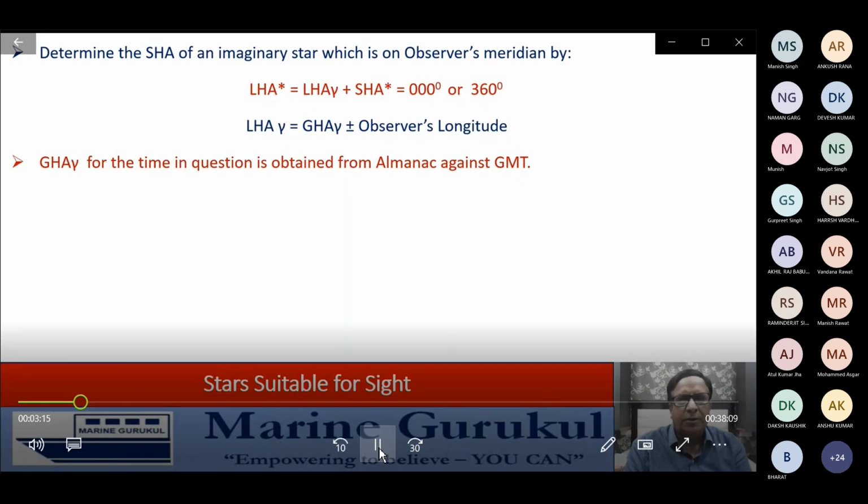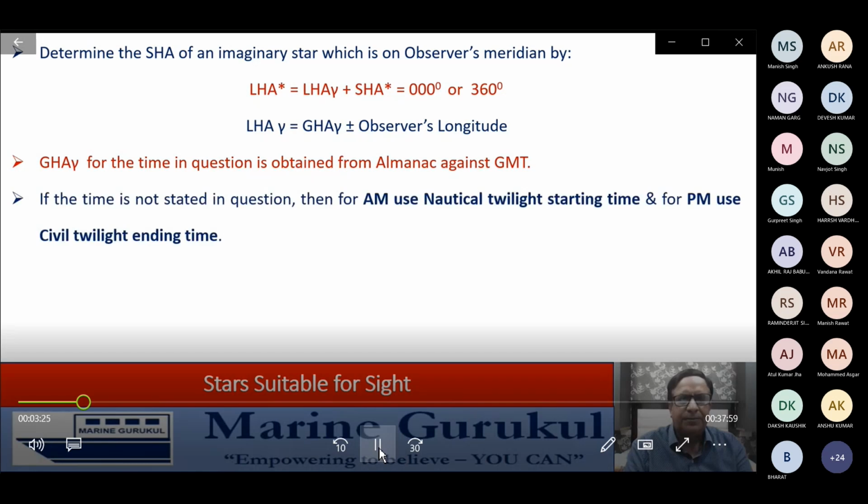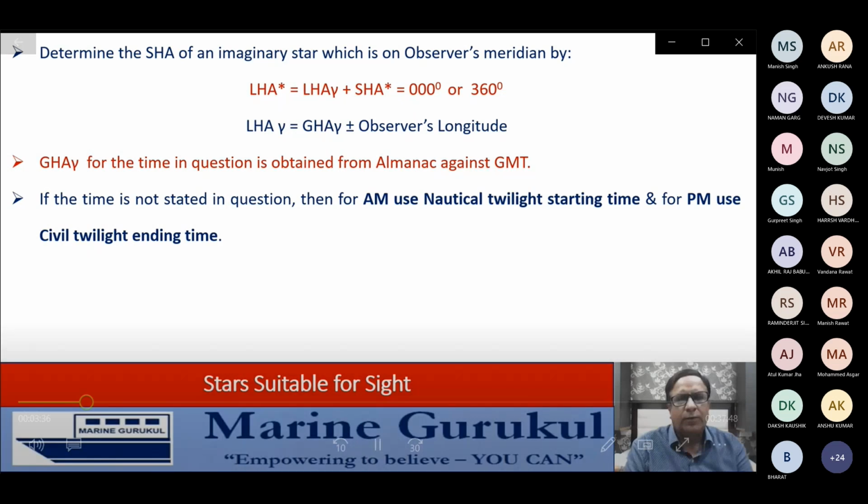Now, if the time in question is given in GMT, it can be directly used. If some other time is given, that needs to be suitably converted to GMT. If the time is not mentioned in the question and only morning or evening is given, then for AM cases we shall use the starting time of the nautical twilight.